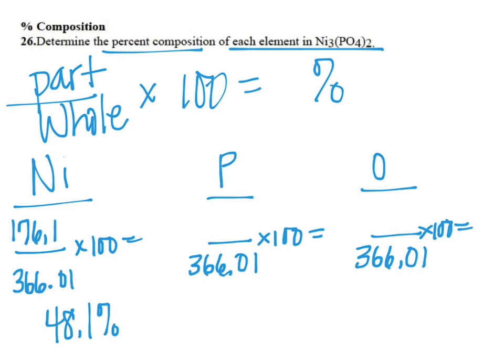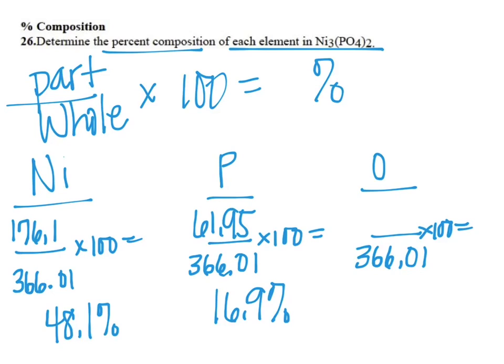If you go to this question, it doesn't have any numbers in there. As a general rule, if there's nothing in there, use 3 sig figs. Phosphorus I get 61.95, and I get 16.9%.